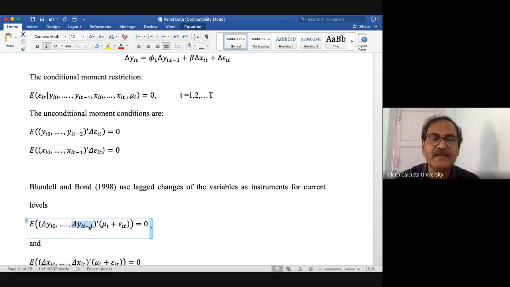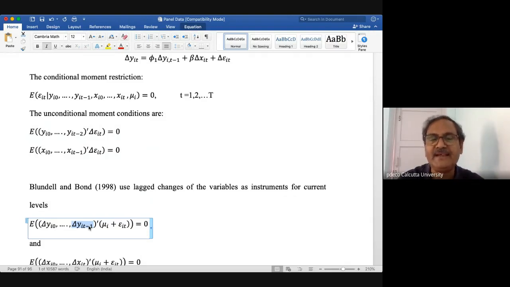If we start from instrumental variable estimation as developed by Anderson and Hsiao, your basic model is AR1 in panel structure. If you consider a one-way error component, then you have to eliminate mu i.